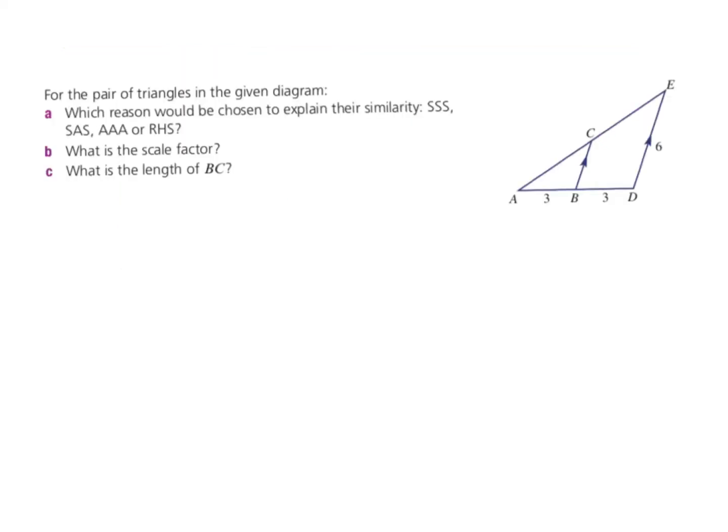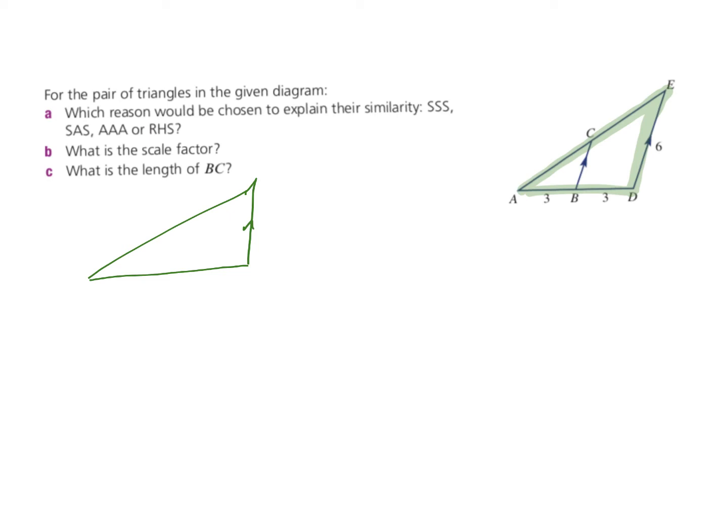All right, so let's have a look at some questions that we are going to get. For the pair of triangles given in the diagram, which reason would be chosen to explain why they're similar? So let's get the two triangles out. I'm going to redraw the big green one on the outside, with parallel lines.